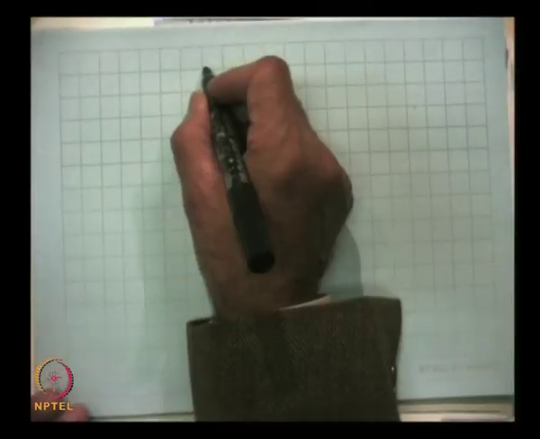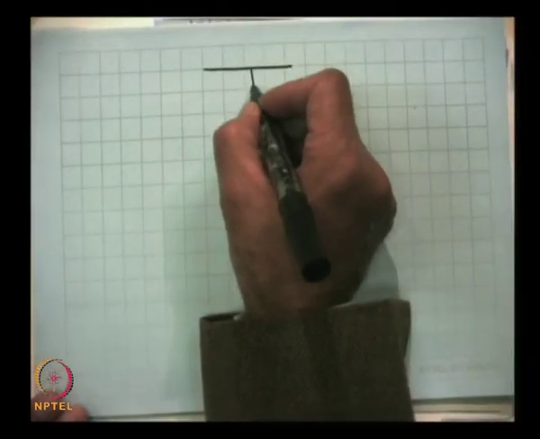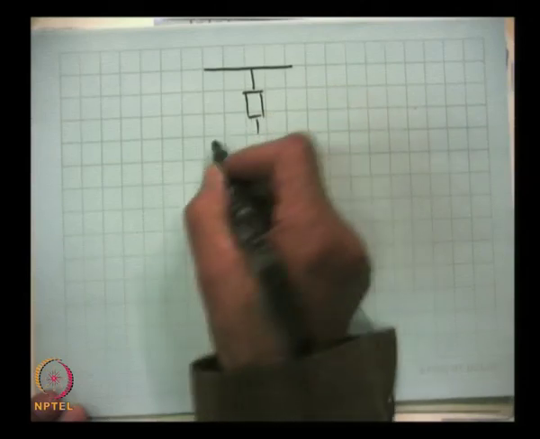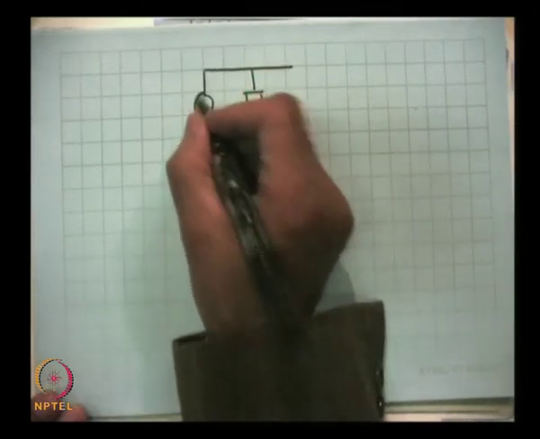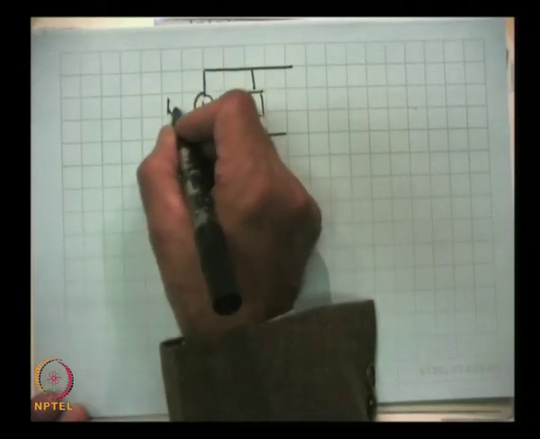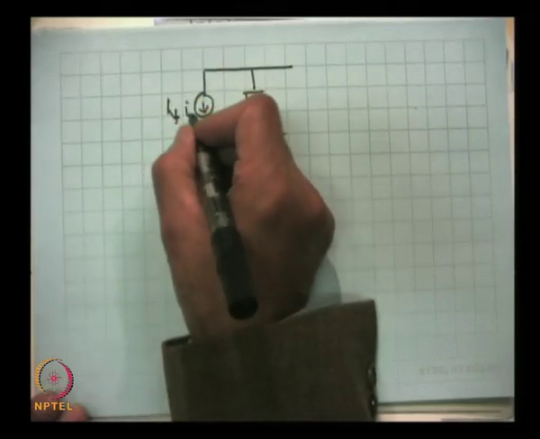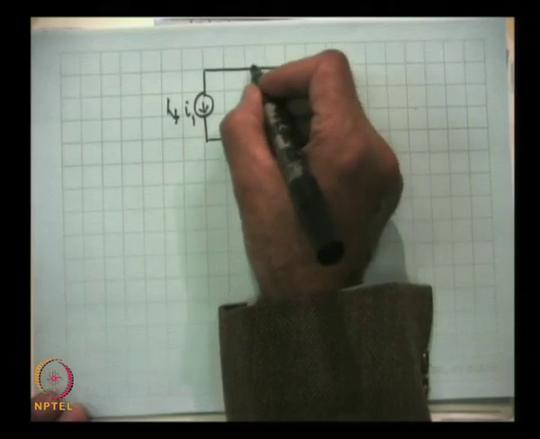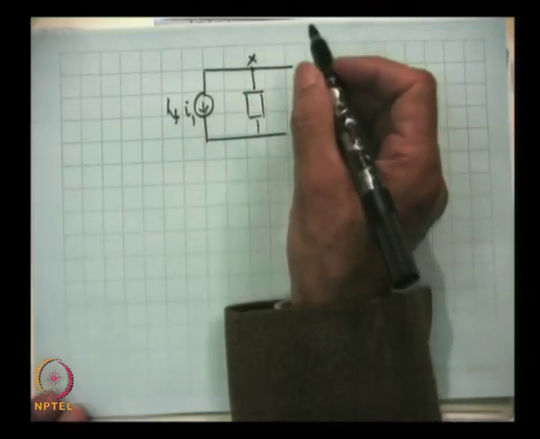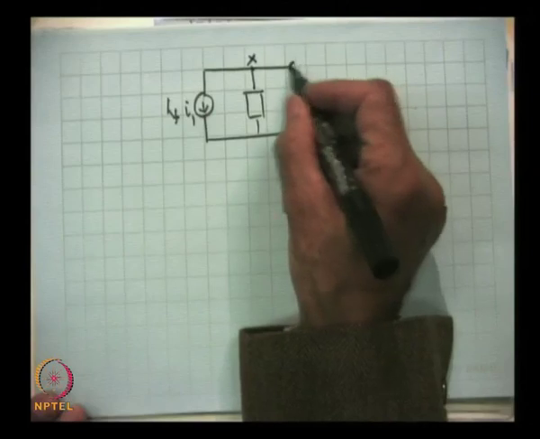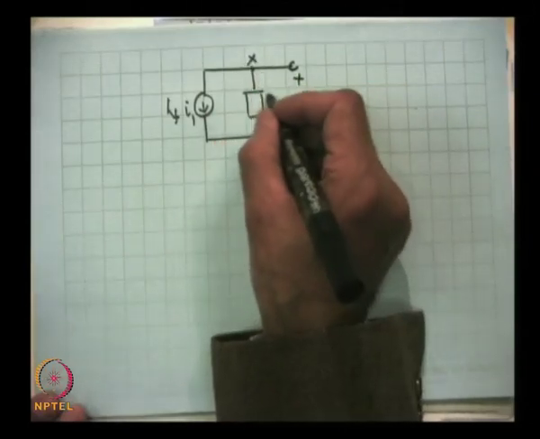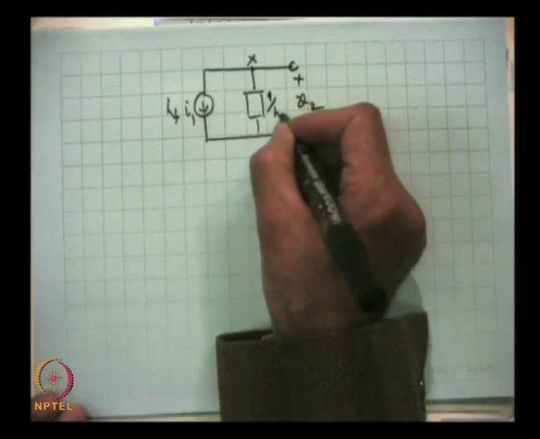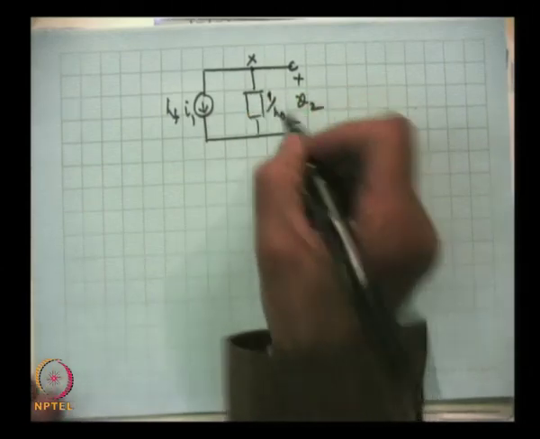Let us consider just the right hand side and a node, this is the node at a point x, and this is V 2 and this is 1 by H O, the impedance.